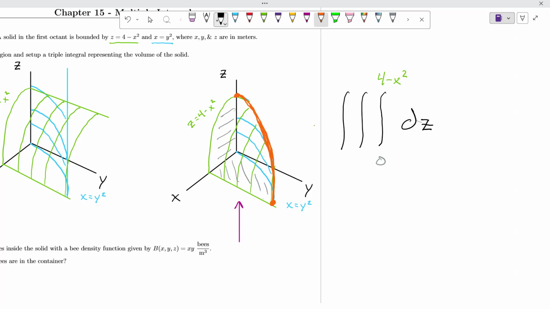Then, because I don't want to deal with square roots, I'm going to try dx second. And this one's a little bit odd because I need to come from the back and go forward. So something like this. If I come from the back of this shape along something parallel to the x-axis, the first shape I'm going to run into is the blue one, y squared.